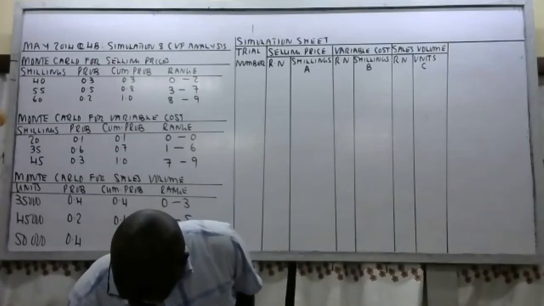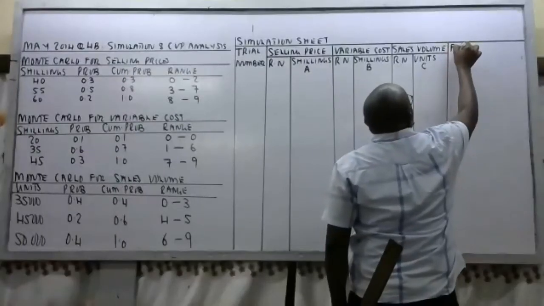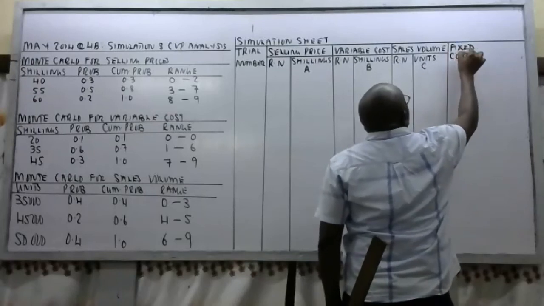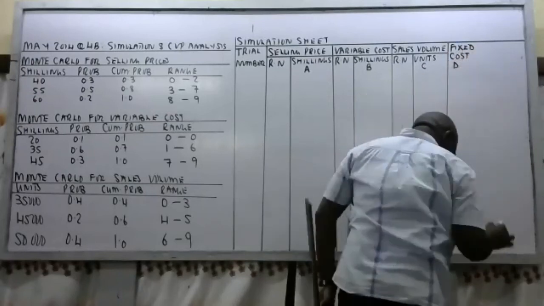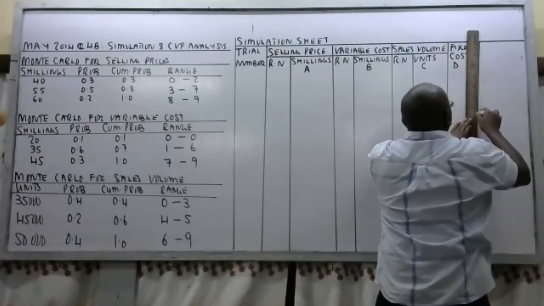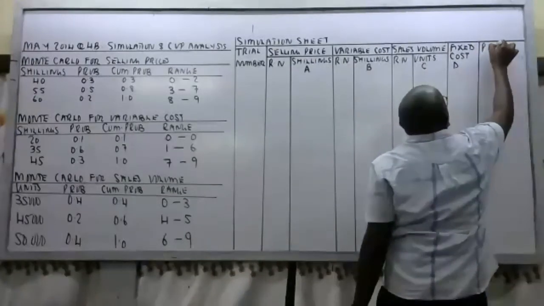Now, there is a fixed cost, which I want to call D. And then finally, I will have profit.